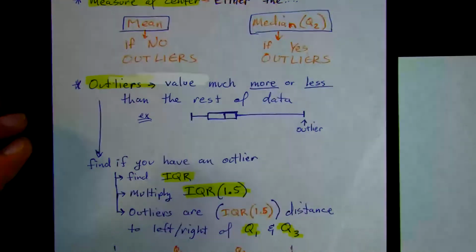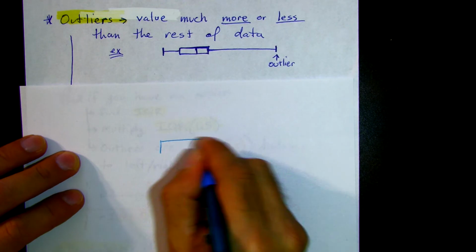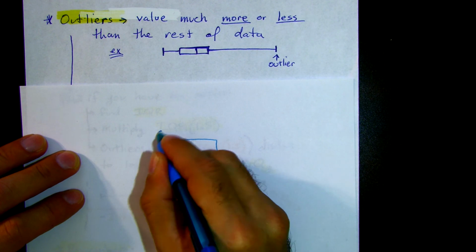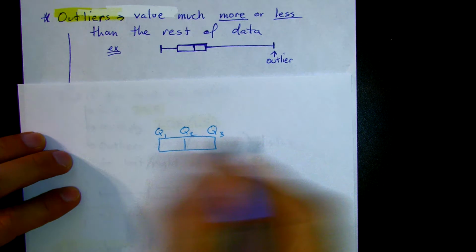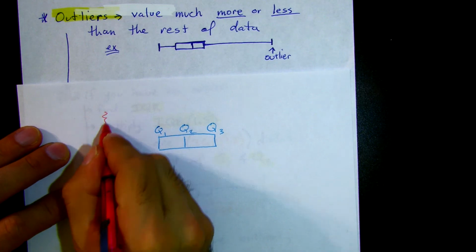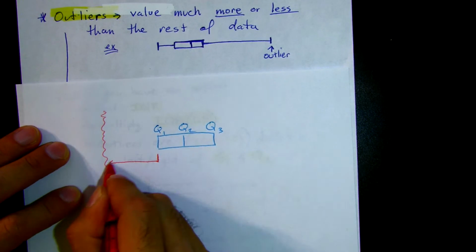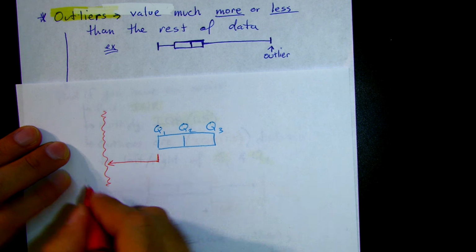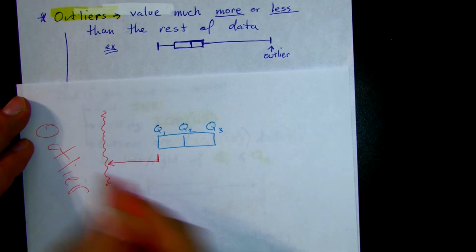Okay. I want you to think of it like this too. What we're trying to figure out with the outliers, here's our Q1, Q2, Q3, right? Everyone feeling good about this? Now, there's like an imaginary fence. The imaginary fence is a certain distance to the left of Q1, and anything outside there is our outlier area, okay?